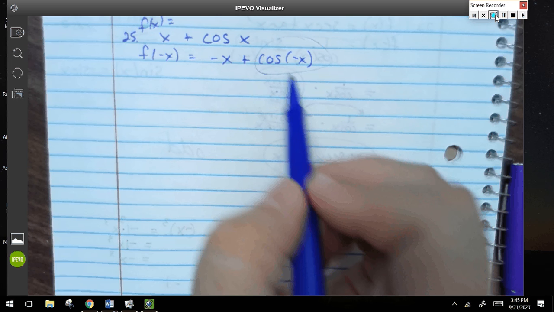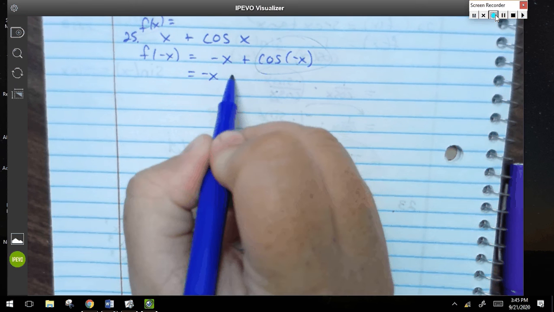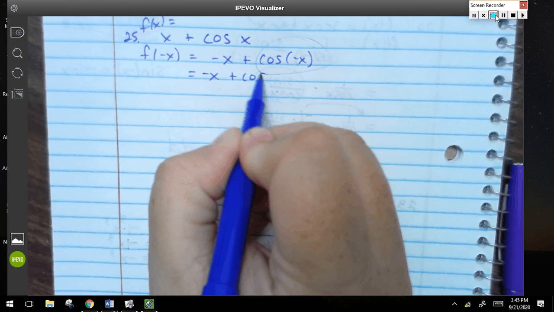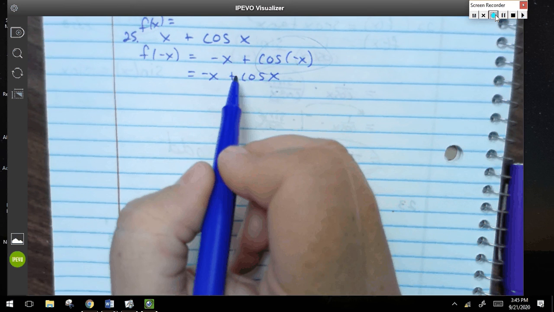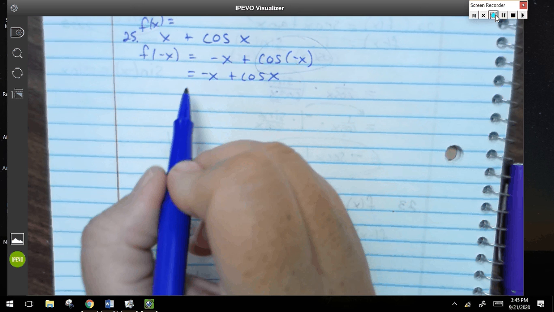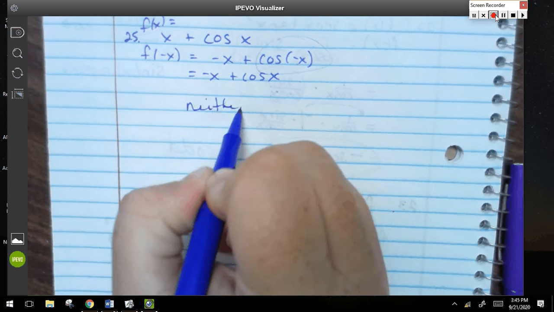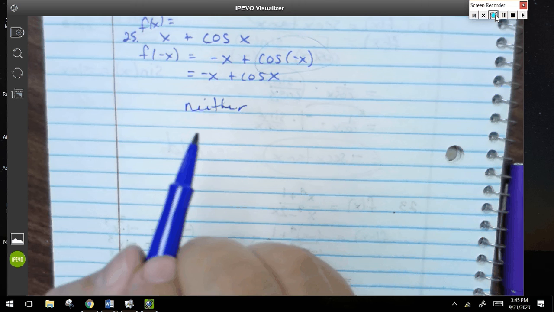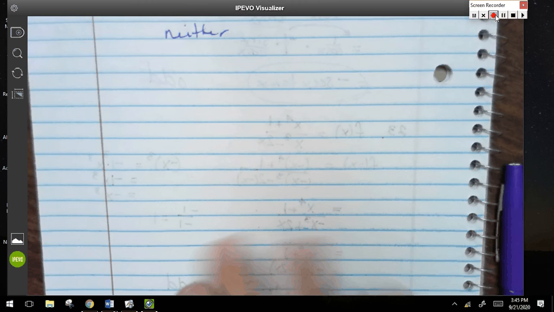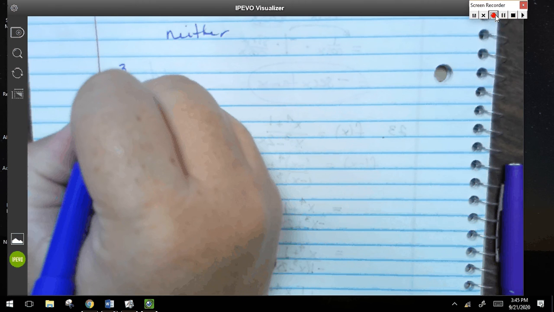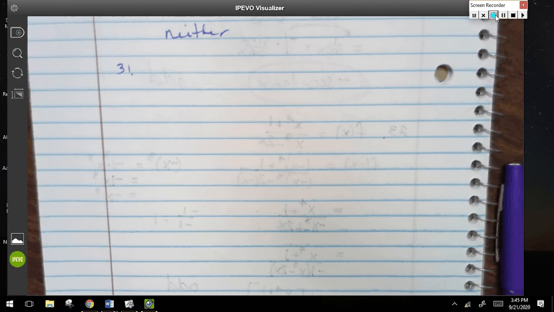So let's think just a minute about the parent graph here for e to the x. And the parent graph is a growth, right? It's going to have an asymptote here, and we'll just roughly sketch it to be this way. Well, the first thing I notice is this being a decay, right?